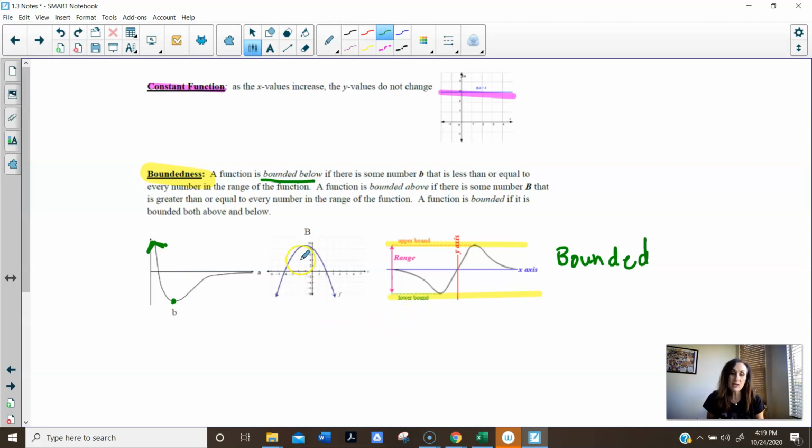If you have a graph that has a very high point, so it's above, you can say it's bounded above, but at the bottom part, the graph goes down forever. The only graph that's considered completely bounded is when it's bounded both above and bounded below. So you box the graph in and then it's bounded.